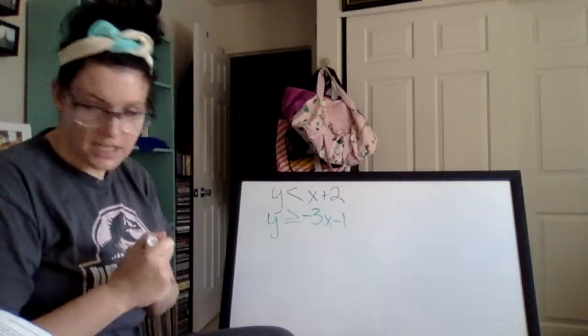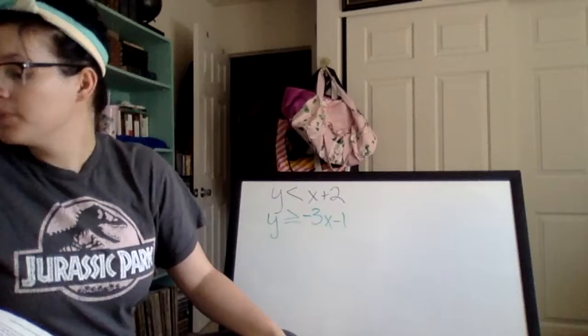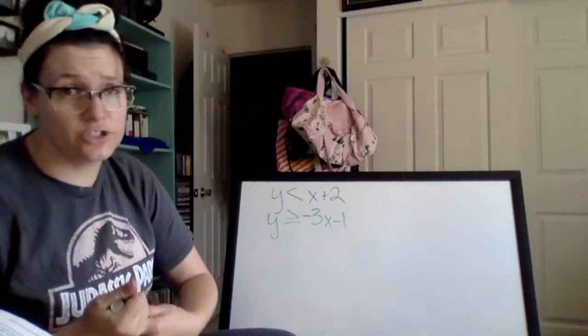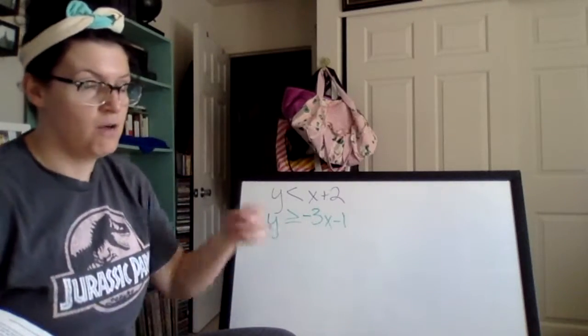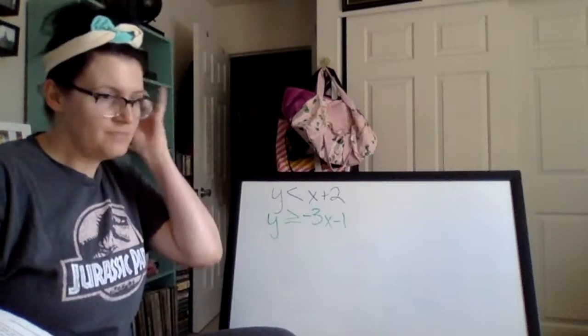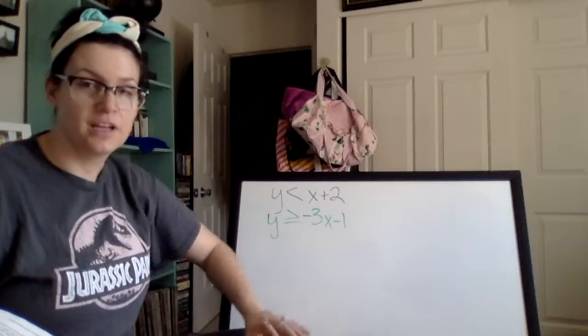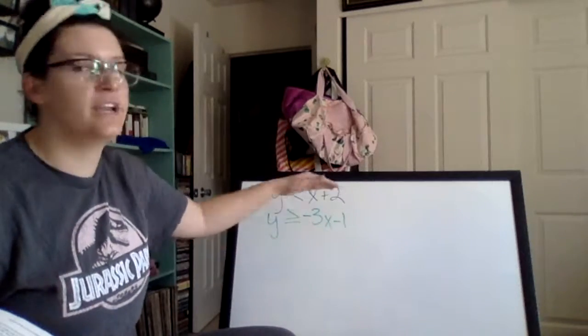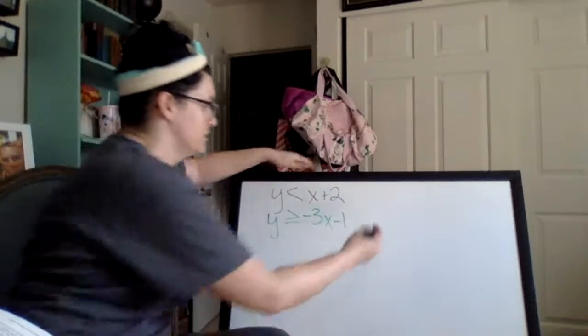So, to do this problem, all you have to do is graph these. And it's exactly the same as when we were graphing them one at a time like before.